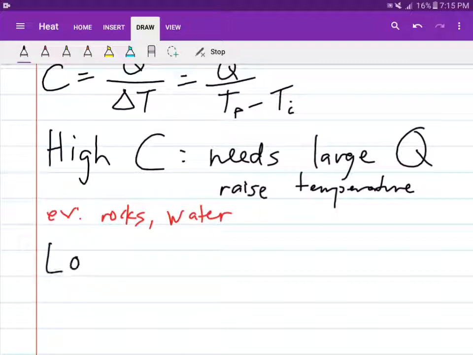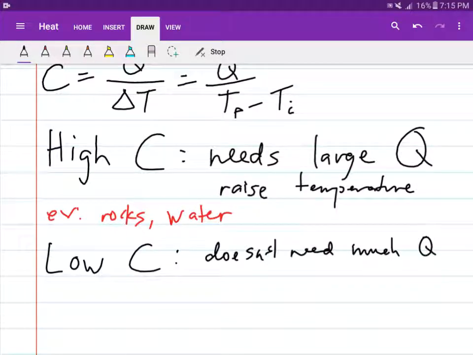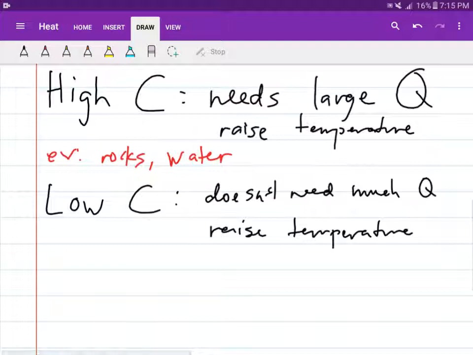So an object with low heat capacity wouldn't need a large amount of heat, so it doesn't need much heat to raise the temperature. So an example would be a metal wire.